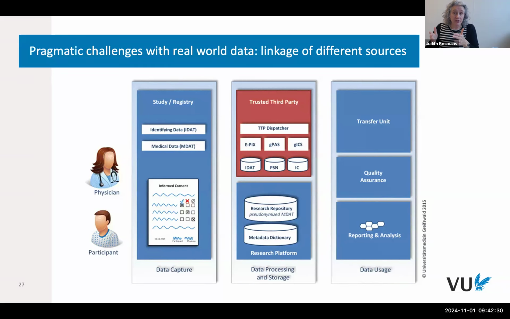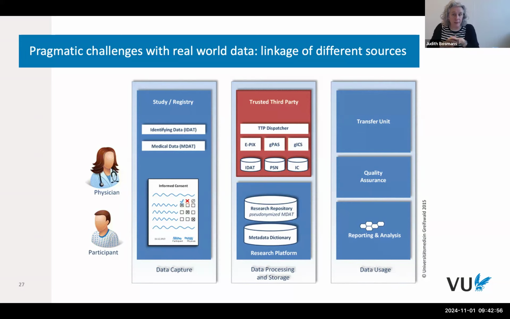And in the Netherlands, it means that we need to have, and you can see that in the red square in the middle, a trusted third party that links the different sources of data that we have. So we send the data to a trusted third party, they make the connection, they make the linkage, and then the data goes back to be used for analysis or quality assurance.